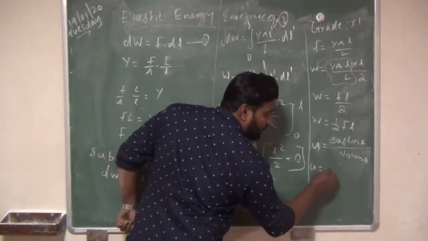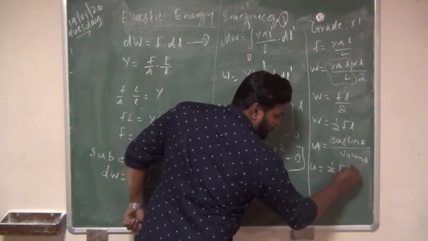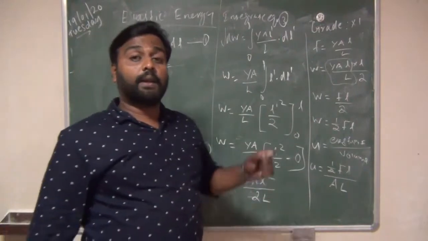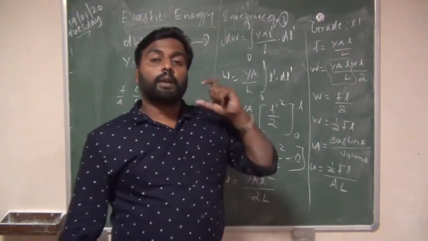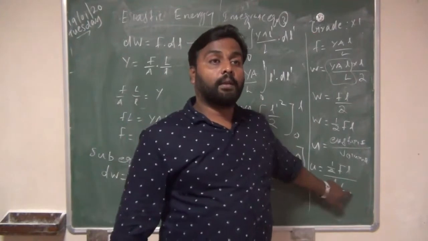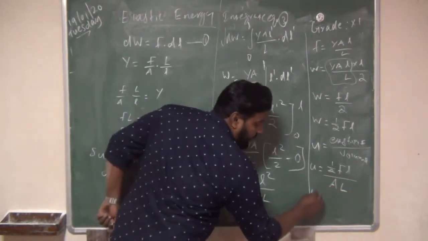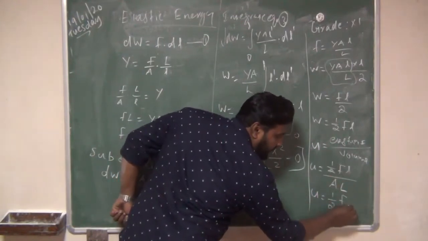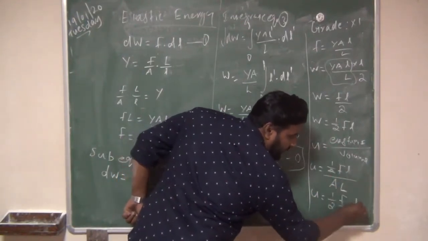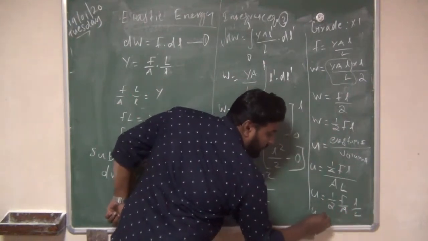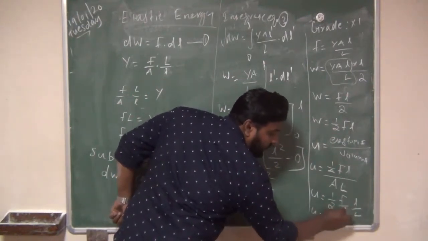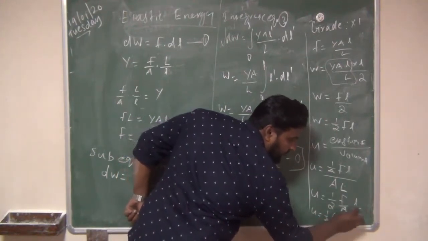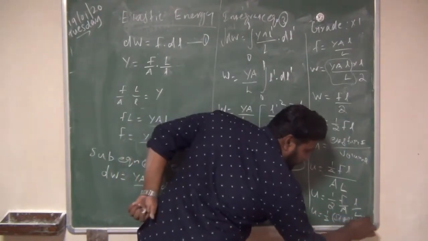So U equal to 1 by 2 FL divided by A into capital L. Area into length is the volume, so V is equal to area into length, A into L. From this equation you can write U is equal to 1 by 2, F divided by A, L divided by L. F by A means stress, and L by L means strain.